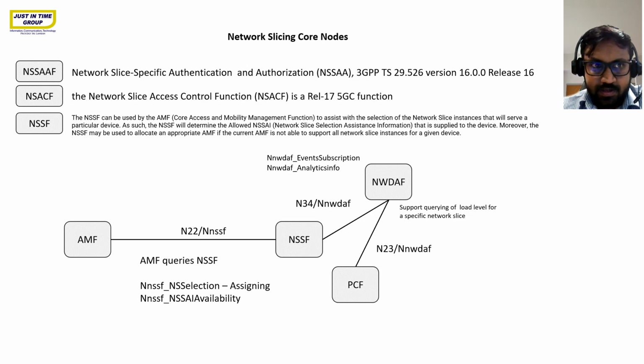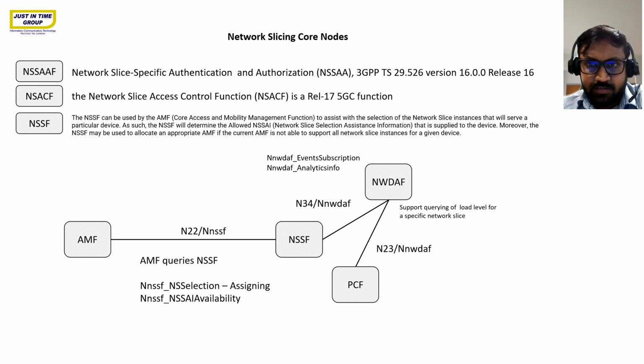And there are new network functions also defined by 3GPP. One is the network slice specific authentication and authorization function, which came in release 16, and also the network slice admission control function. The network slice authentication and authorization function is predominantly an AAA server. If the AAA server belongs to a third party, then it will be accessed via an AAA proxy.